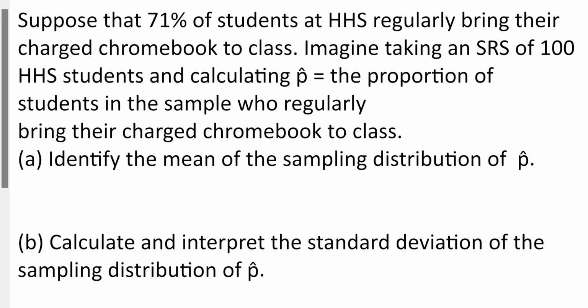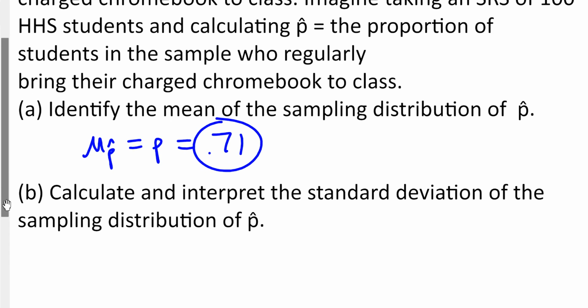Identify the mean of all those p-hats. Well, the mean of all those p-hats should equal p, which should equal 0.71. So there's our mean of the sampling distribution, the mean of the proportions.